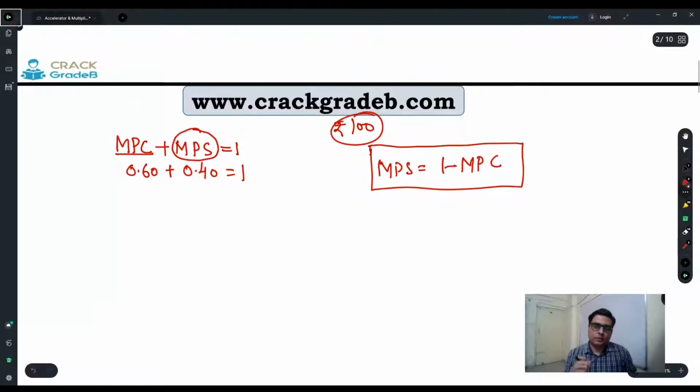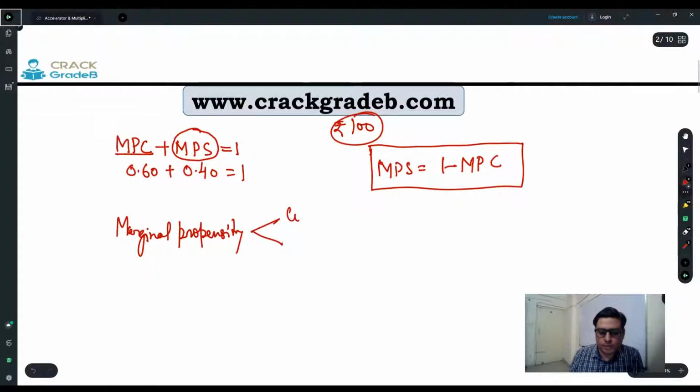So basically you have to understand first what is propensity to consume and what is propensity to save, meaning how much we are spending and how much we are saving. When we go for marginal propensity, that means what is the effective change when income is going to change. Marginal propensity can be of consumption or saving.